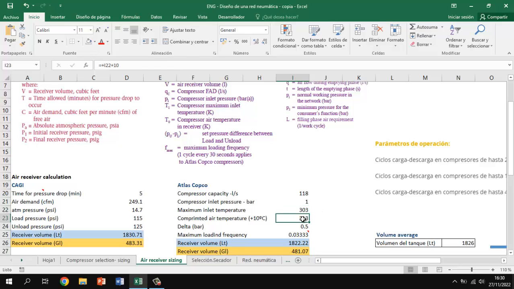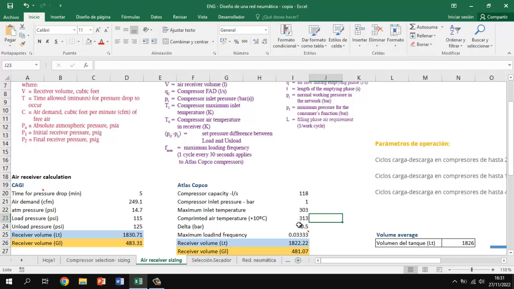So that's the reason why here it's just 10 more, and it's also in Kelvin. So this is just the different pressure that you have to consider. This is data from Atlas Copco.